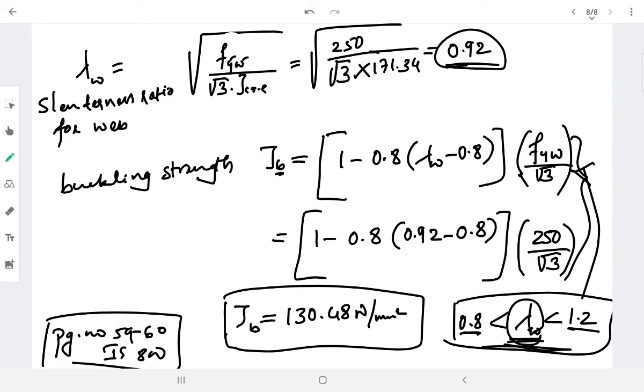After calculating this buckling strength, we need to calculate the VCR value. In the next step, we'll calculate VCR, that is the critical shear force, which is shear area into tau B, the buckling strength.